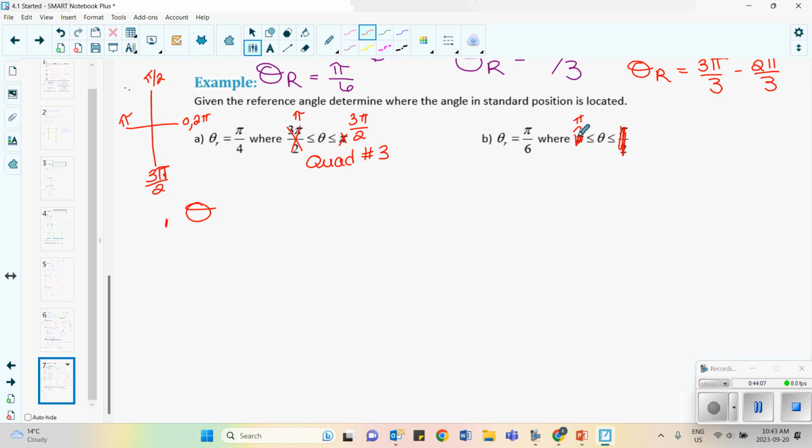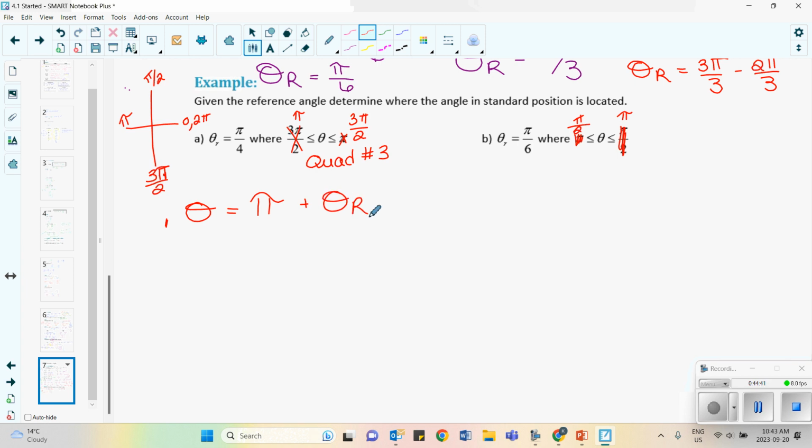The rule here is in quadrant 3, 180, which is pi, plus theta reference.